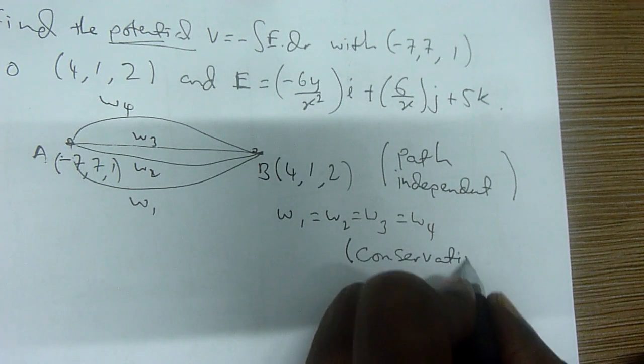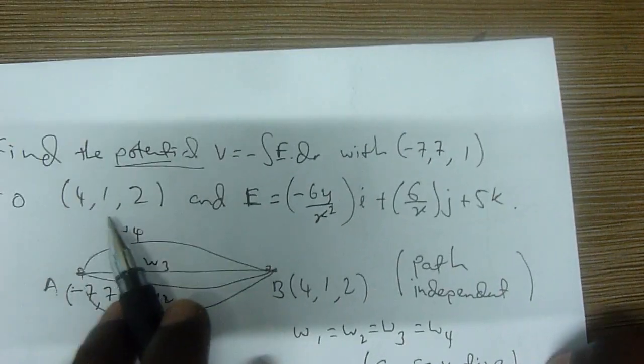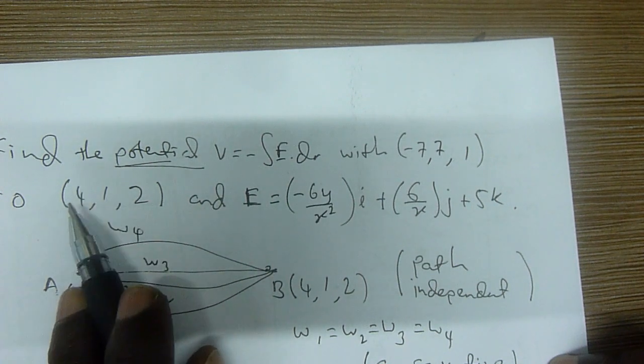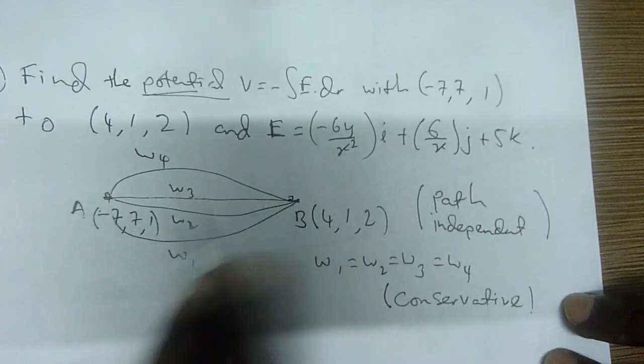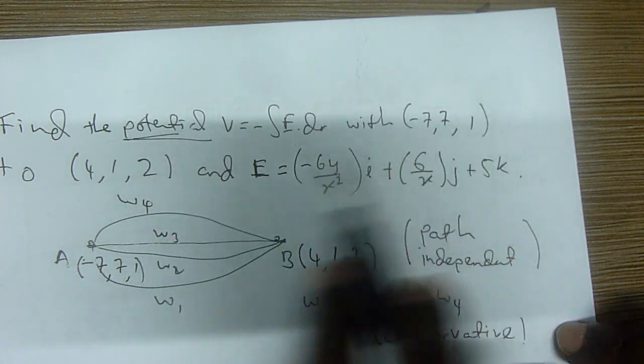One more important thing we can identify from this is whether it's conservative or not. In order to identify this, since it involves a 3D problem with x, y, z, we can't use the exact method in this particular case.